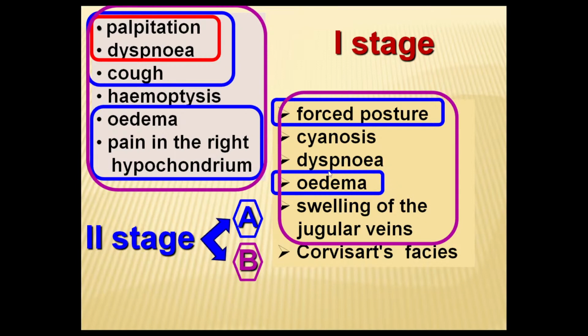Edema becomes more intensive and may be revealed at any time of day. We can see swelling of jugular veins because blood has difficulty coming back from the lower and upper parts of the body also.